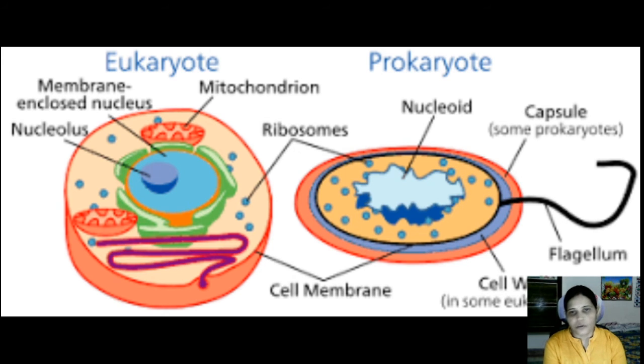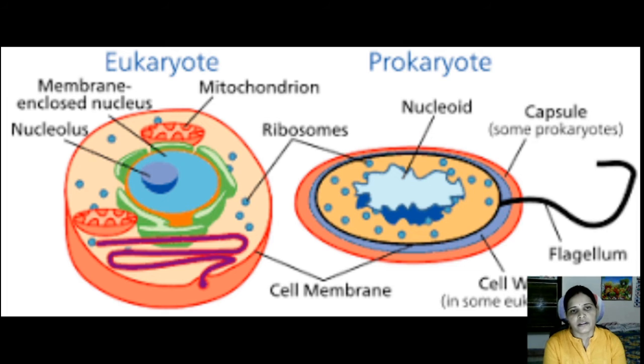Now only bacteria and blue green algae have prokaryotic type of cells, and all other organisms except bacteria and blue green algae have eukaryotic type of cells, either they are animals or they are plants. In this eukaryotic cell you can see the diagram here.